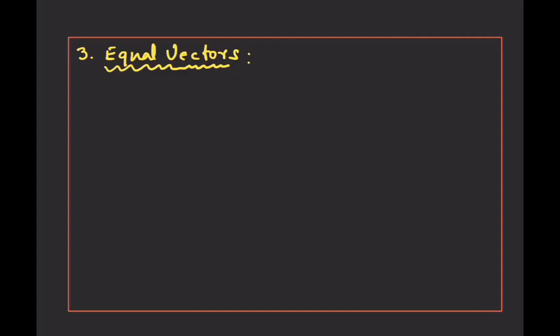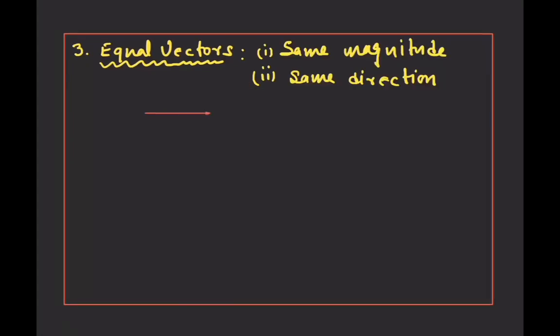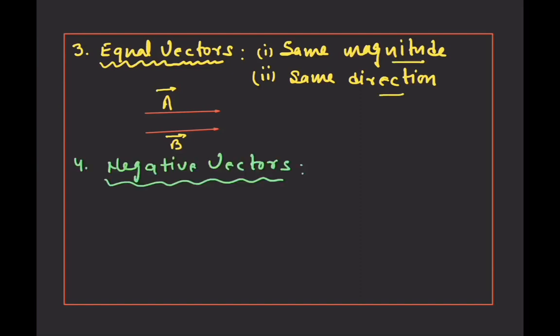Equal vectors. Two vectors are said to be equal vectors if they have equal magnitude and they are in the same direction. Here these two vectors A and B are equal vectors because they have the same magnitude and same direction.